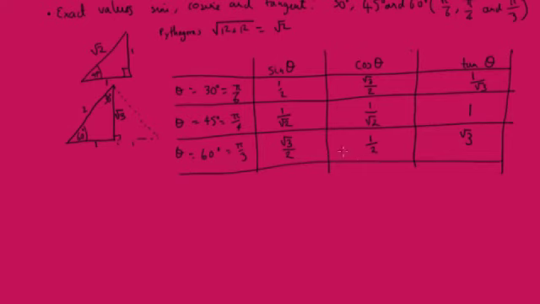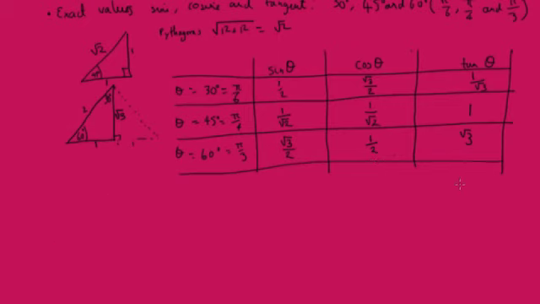And if you were to compare 60 to 30, you can see the sine and cosine are flipped, and the tangent, the denominator is now on top, it's just root 3. And so this actually gives us an indication of some deeper relationships that are in play between sine, cosine, and tangent. So we're going to do some examples of why this is important.